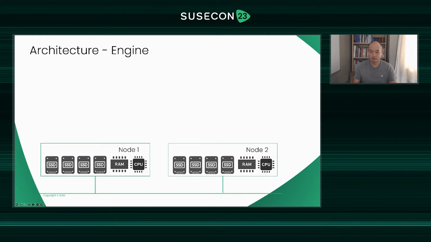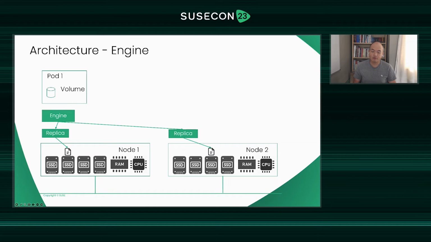So let's talk about the architecture on the engine level. Here I have two nodes, and each node has enough SSDs, RAM, and CPUs. When Kubernetes creates a pod, it requires a volume, and Longhorn sees that request. We'll create two replicas on two different nodes, and create an engine and connect it to those replicas, and provide this engine as the volume.